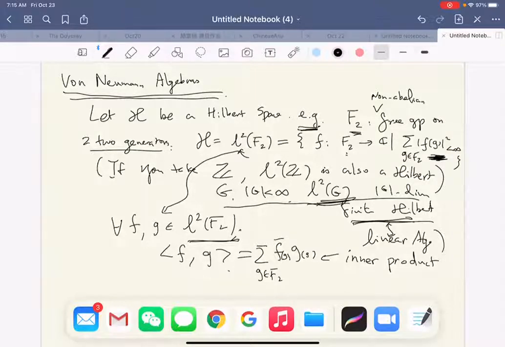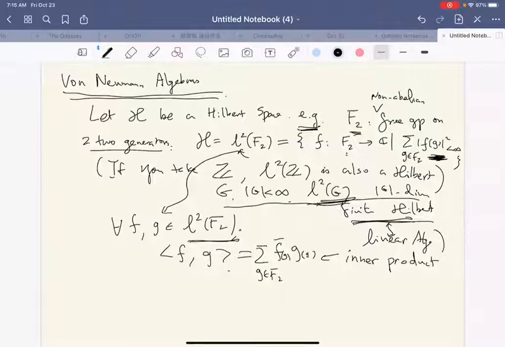All right, so let's continue. As you can see, I was saying that this L2 condition is really important because otherwise, summing over an infinite number of complex numbers might not make sense in general, right?